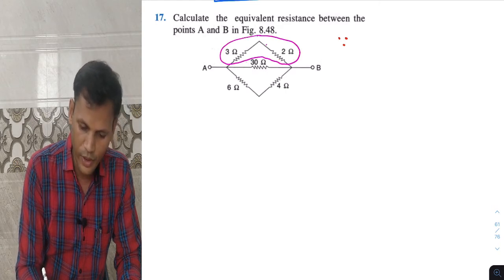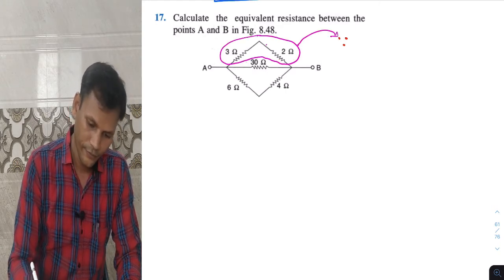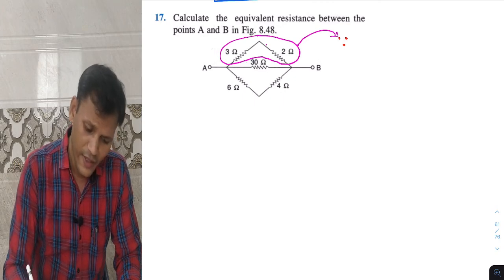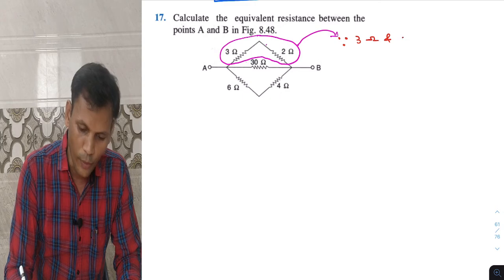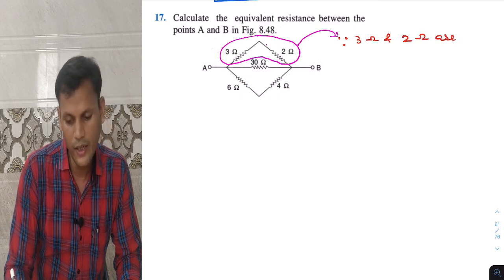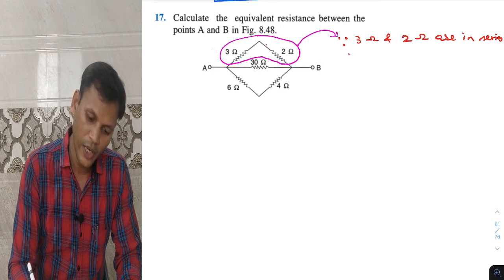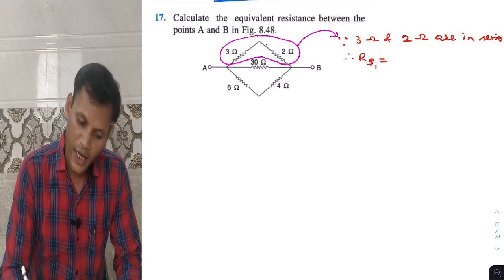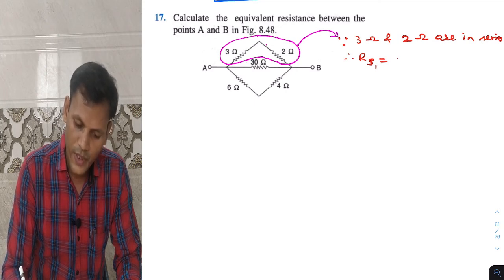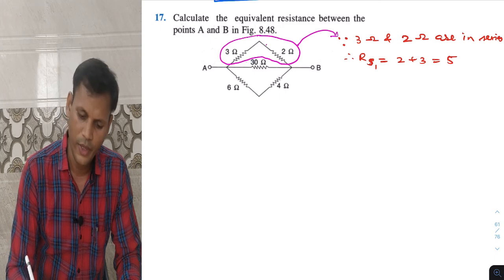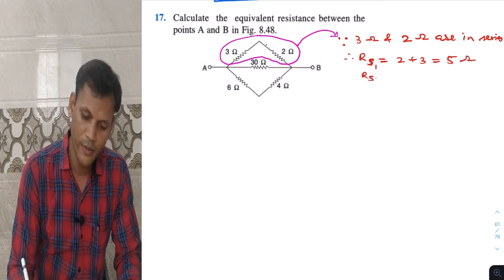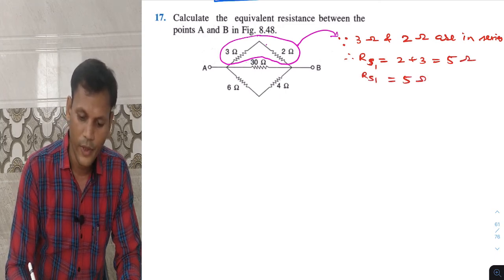Since 3 ohm and 2 ohm are in series, therefore RS1 will be 2 plus 3, that is 5 ohm. So RS1 becomes 5 ohm.